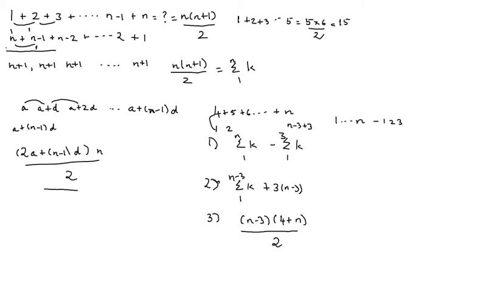So you see how effective this method is, right? When you think of the sum as the number of numbers into the first plus last term divided by 2, right? Then you can see the summation expression straight away.